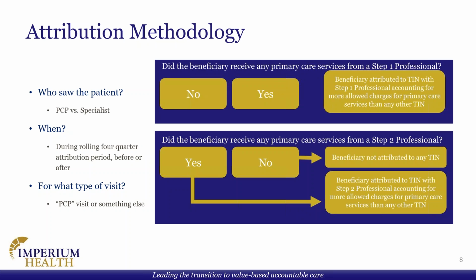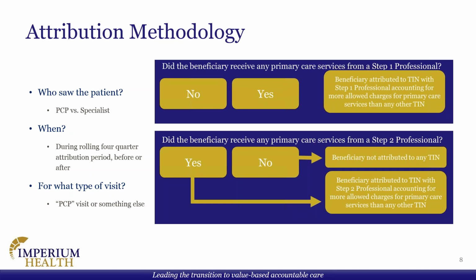Now CareJourney is able to take advantage of that additional claims data that we have available to us to try and make sure that we get the patient attributed to the correct provider. But when Medicare is attributing a patient to an ACO, they're looking at visits during that rolling 4 quarters or rolling 12 months. And then who saw that patient? What type of visit was the patient seen for?